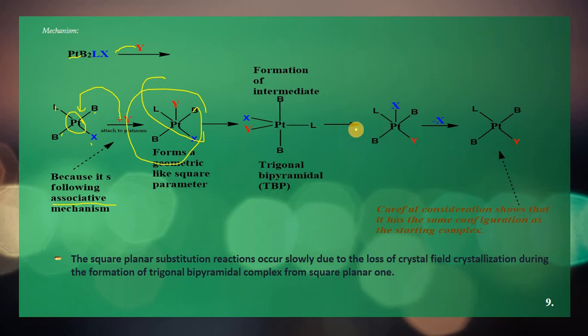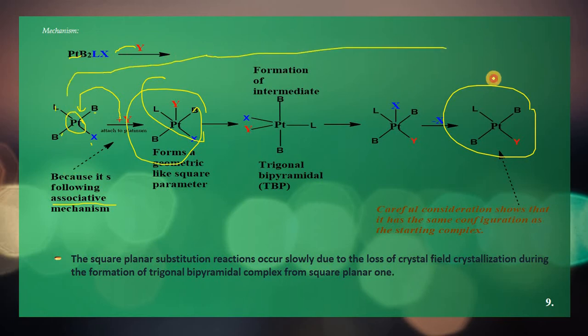From there, the next step is this. What will now happen is X will try to leave the stage. When it tries to leave, the coordination bond breaks, and we now give rise to this. It is important to take note of something: careful consideration shows that it has the same configuration as the starting point. Let's compare this and this.